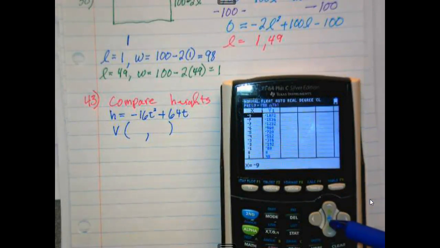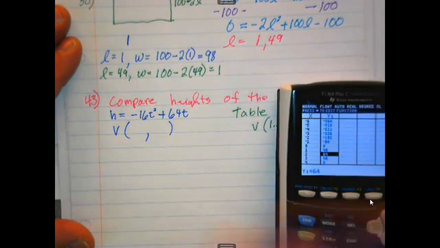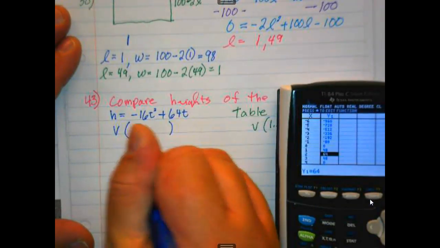Looking for those repeating y values. And I can't, okay? I have 148, 264, 348. There's my 0, 0, 4, 0. So my vertex is 264.